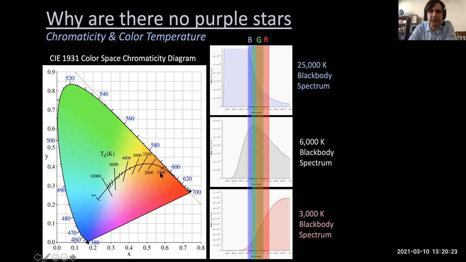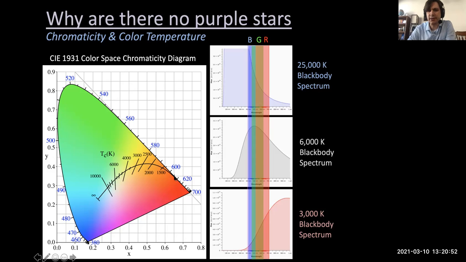So these numbers are a temperature, a black body color temperature, as we'd call it, of 1500 Kelvin, 2000 Kelvin, 2500, all the way up to if it were infinitely hot, which doesn't really exist. So just think of it as unimaginably hot. So these are the colors that we can see from black body radiators.